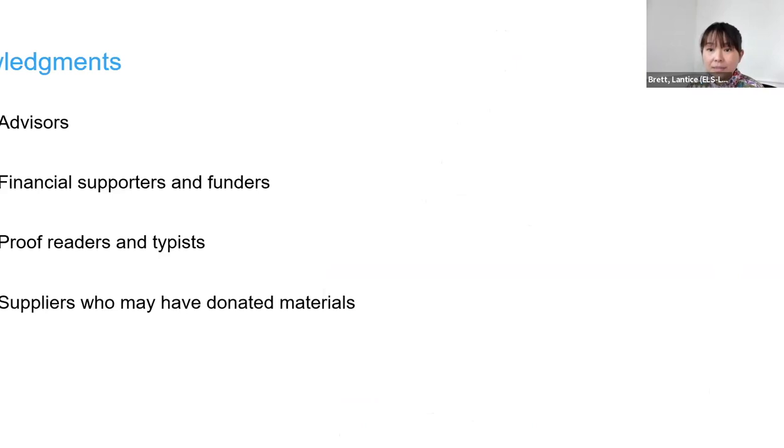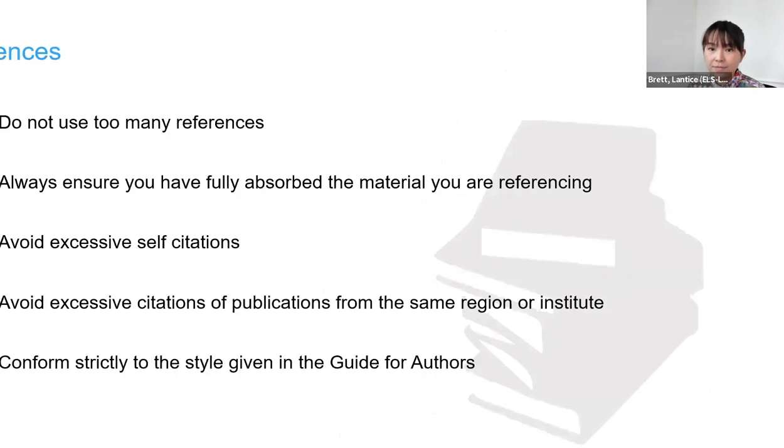The acknowledgement section includes the names of the important entities you want to acknowledge, such as your advisors, financial supporters, and proofreaders. The reference list is where you cite the main scientific publications on which you base your research.